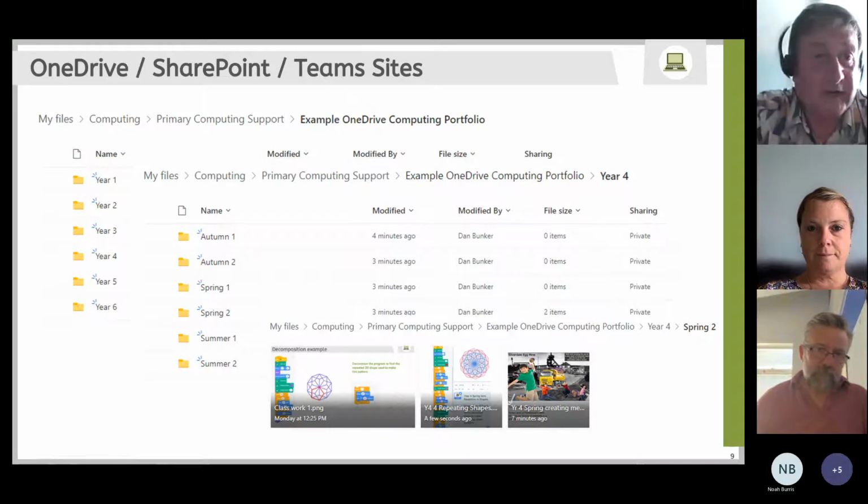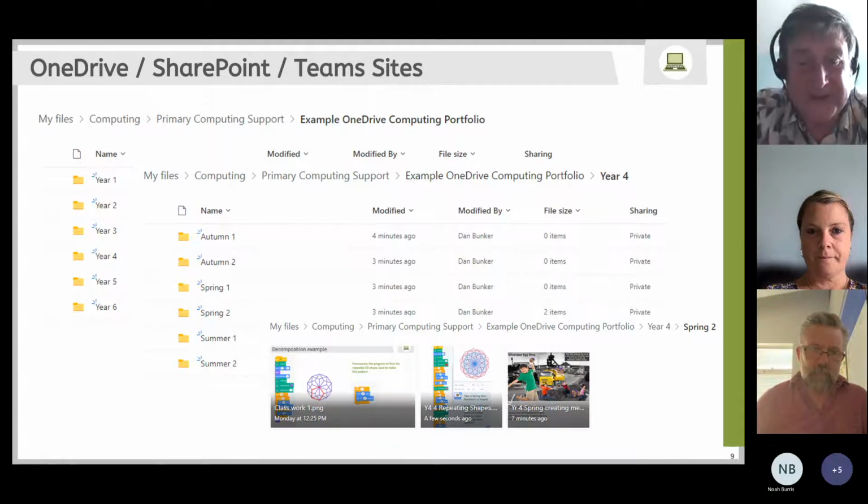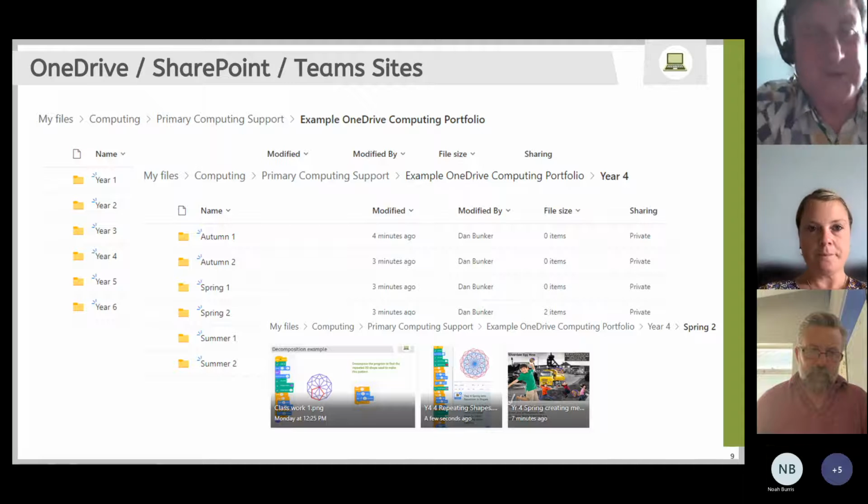So this is more of a class portfolio. It would be useful if you're the computing lead to be able to just quickly look in the folders of the other year groups and get a sense of what they're doing as a class. I know at the moment it may be quite tricky. I've asked 1 or 2 computing leads, how do you know what's going on? And they say it is actually a challenge to know what's going on with the other years.